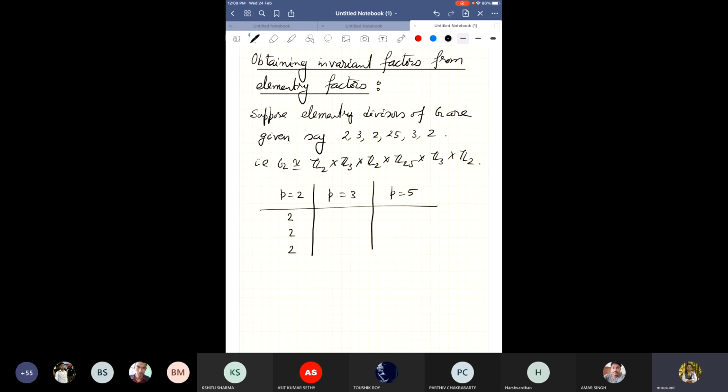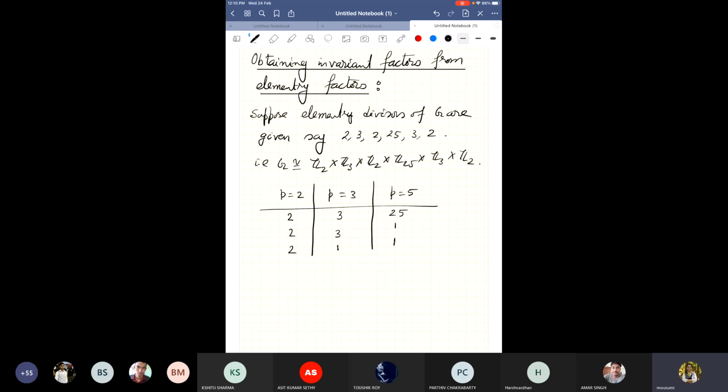Then 3 is present 2 times, also in just one power, so I will list 3 and 3. And 5 is present once, but not in just a single power, it is 5 square, so I will write down 25. Then I will complete this table by appending 1 for the remaining columns.